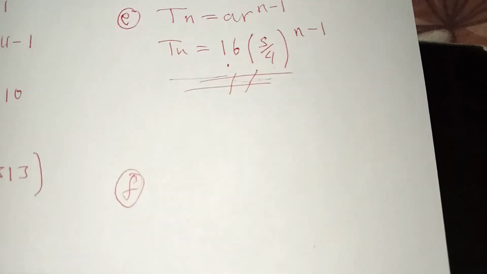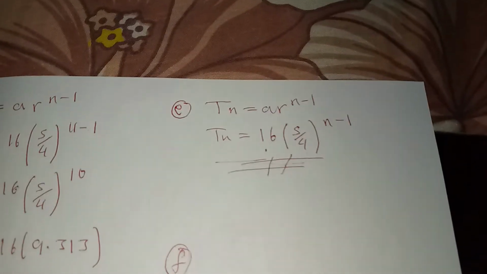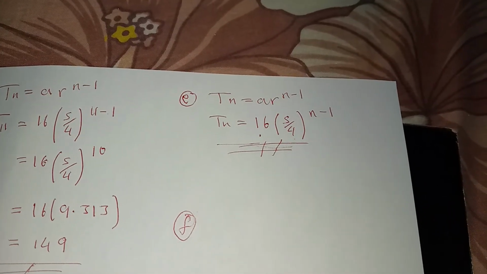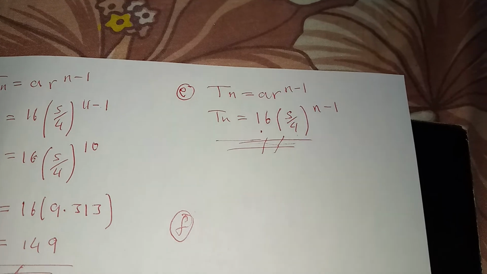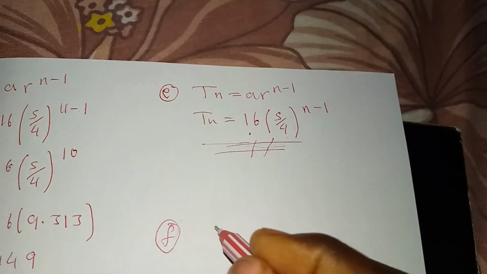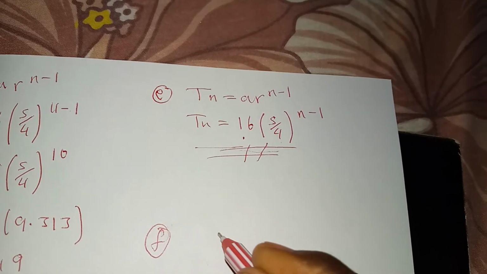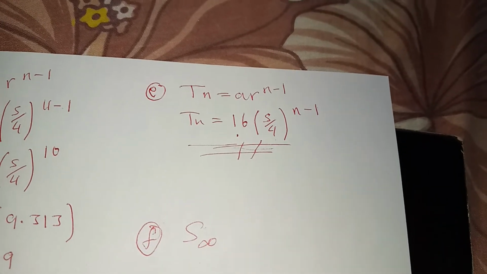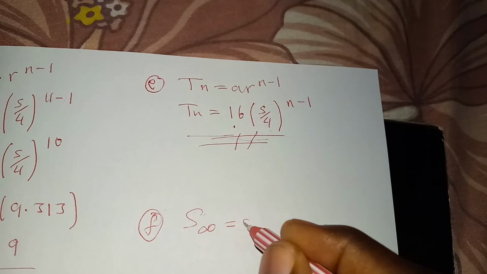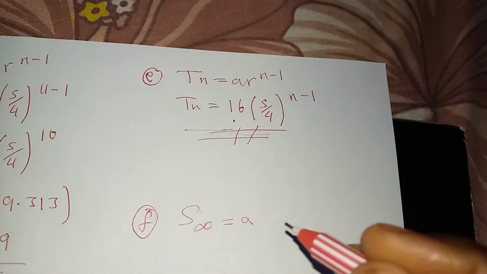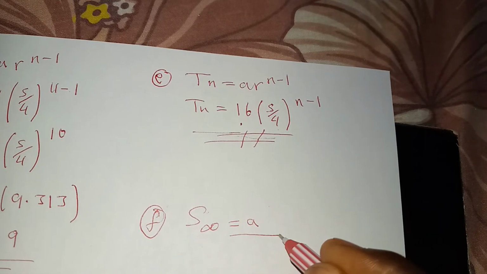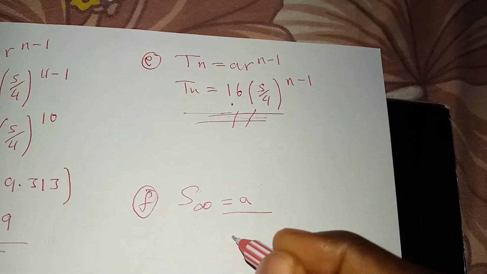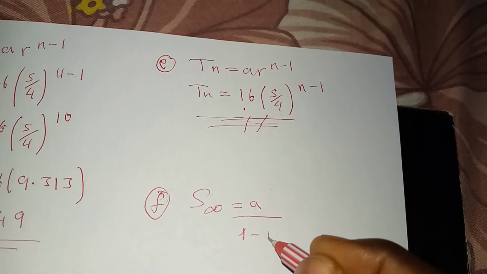Then we have question F, solution for that. It is saying sum to what? Sum to infinity. So it is saying you need to find the sum to infinity. Okay, so finding the sum to infinity, given by the formula sum to infinity is equal to first term over 1 minus r.